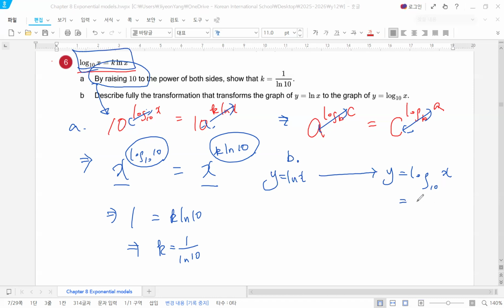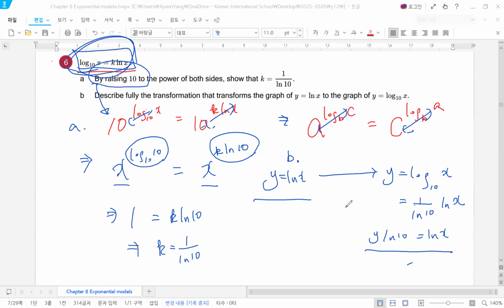What is k? 1 over ln 10 and ln x. Do you understand? Students, do you understand? So it means that ln 10 times y equals ln x.